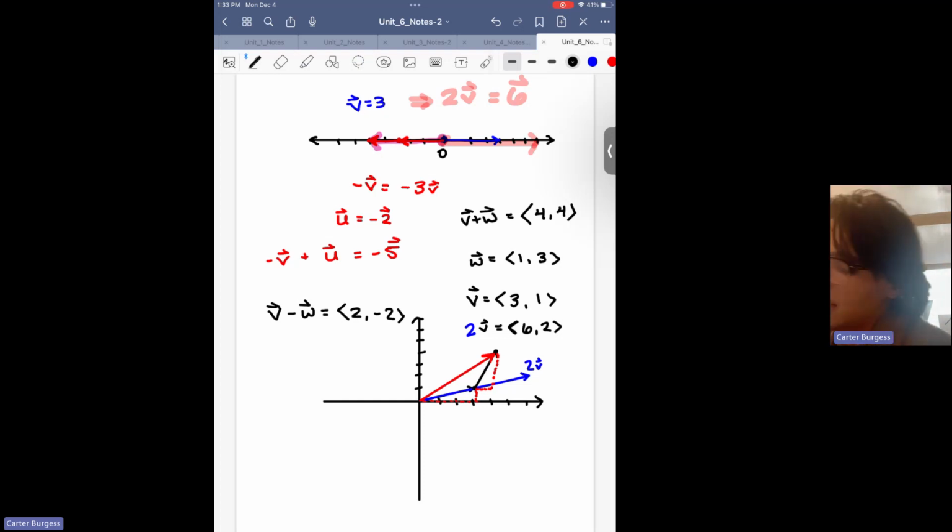Geometrically, the way I would recommend thinking about this is as taking v plus negative w, where we know that taking the negative of our vector simply reverses its direction. So if w is 1, 3, we said the vector is going to look like this.